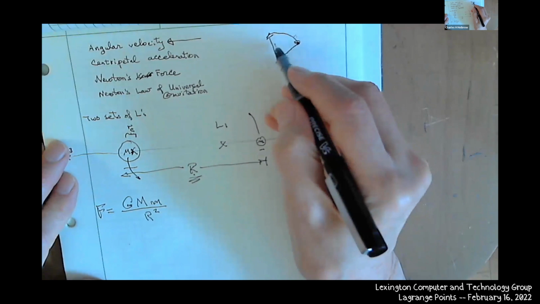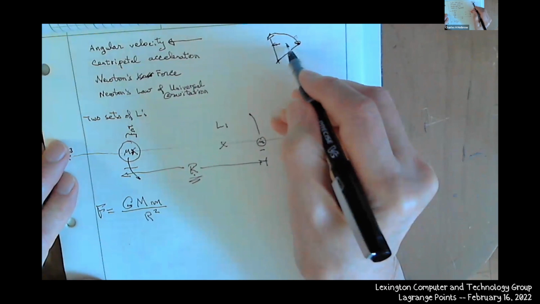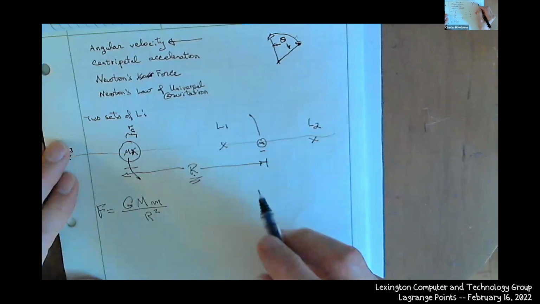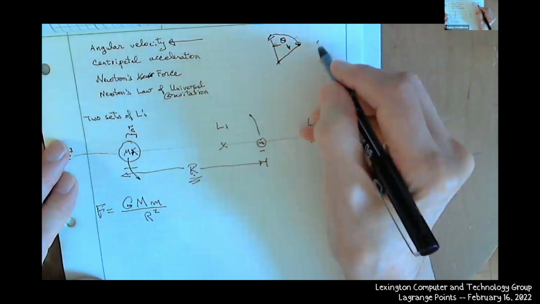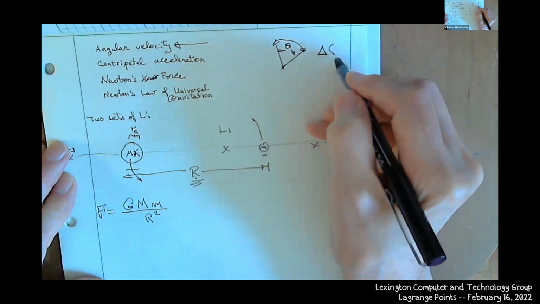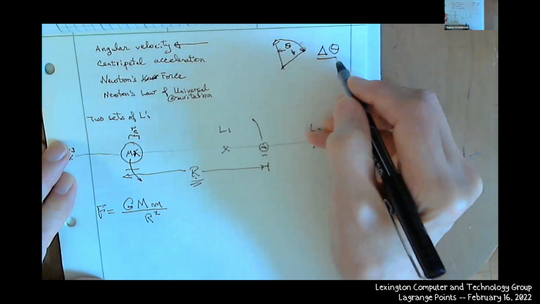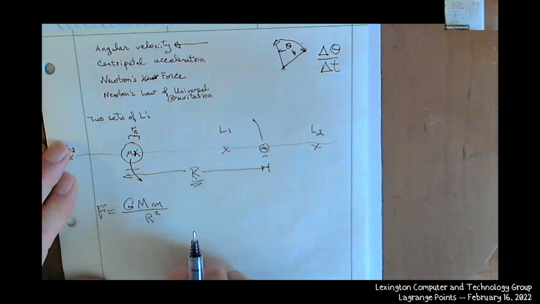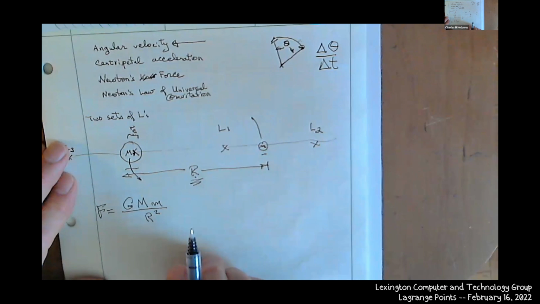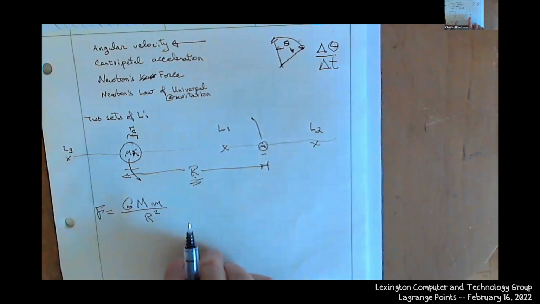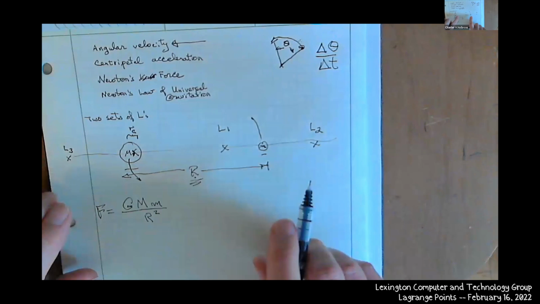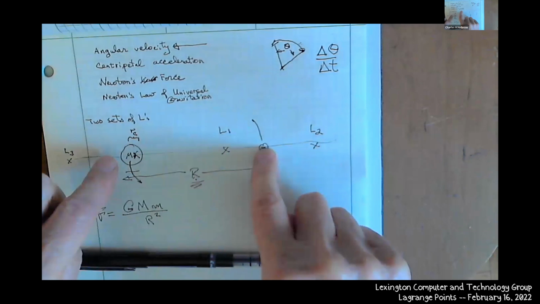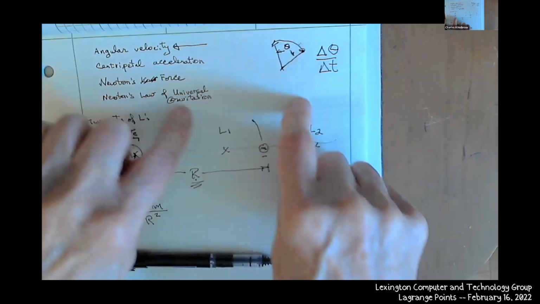And usually in physics, you call the angle theta. You'll change the angle theta, and you'll do that in a certain amount of time. And that's called the angular velocity. And the reason I want you to think about angular velocity is because what I'm going to try and do is find points L1, L2, and M such that their angular velocity is the same around this center of mass.